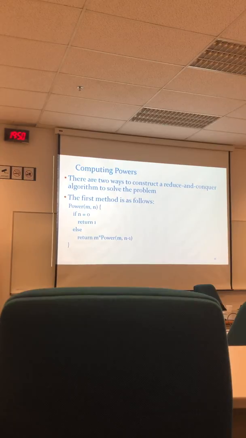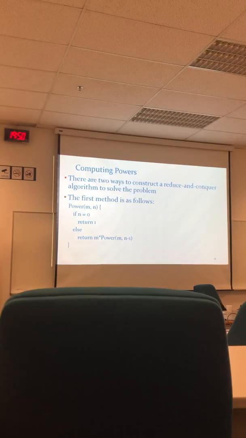M times this one. So in this case, we are also solving the problem of computing m to the power n from a smaller subproblem. Originally we want to compute m to the power n, but we compute it by computing m to the power n minus 1. That is one size smaller.